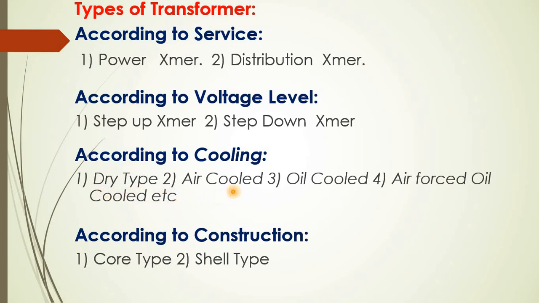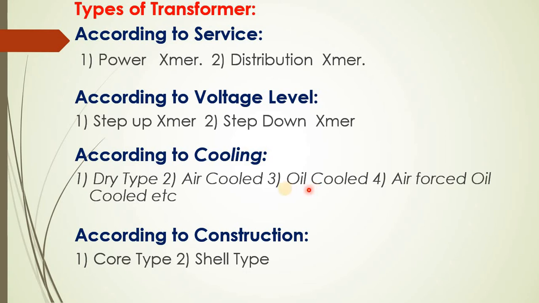Second is the air cooled type. Third is the oil cooled type. Fourth is the forced oil cooled type. All these are different cooling methods. Air cooled means there will be a fan fitted near the winding, and that fan will flow the air.